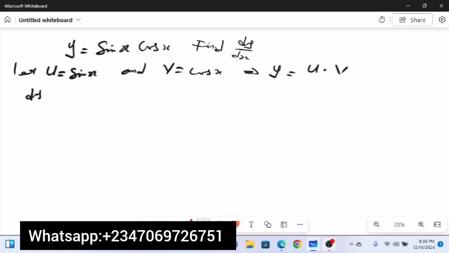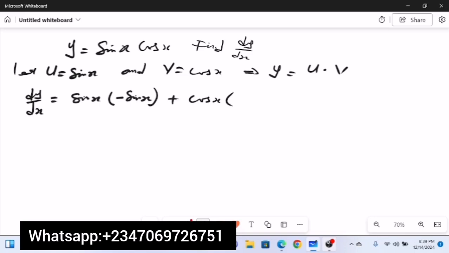So dy dx is going to be equal to, remember, keep u, and u is sine x, times differentiate v with respect to x. If I differentiate cos x with respect to x, I will simply have what? Minus sine x.